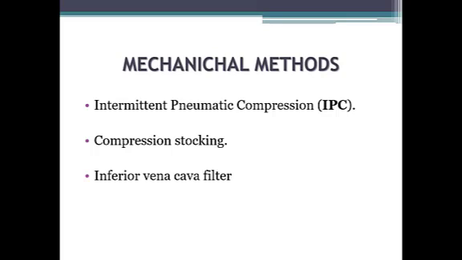DVT, Deep Vein Thrombosis, is a clot that forms in the veins of the lower extremities. They affect people over age 65 usually, or people who are immobilized. The DVT also is a very serious medical condition that can cause swelling, pain, and tenderness in your leg.